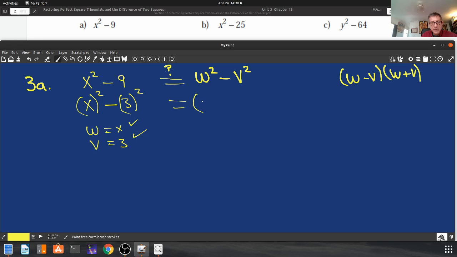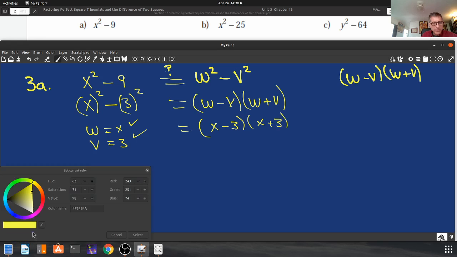So this is w minus v times w plus v from that formula there, which is equal to x minus 3 times x plus 3.